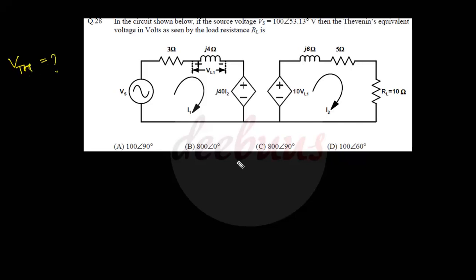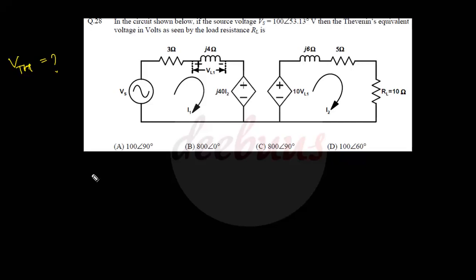As I mentioned in my earlier tutorials, this portion of the circuit has no effect on this portion. This portion is given to calculate some variables which are working on the other portion of the circuit. Here VL1 is actually the voltage across this inductor, so this portion of the circuit is given to calculate VL1.